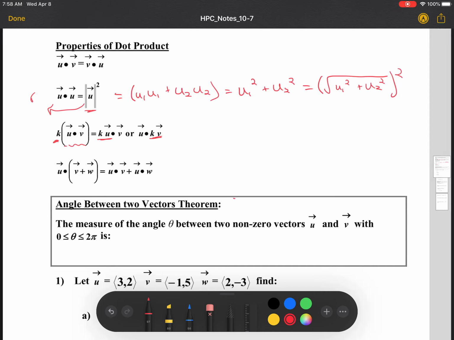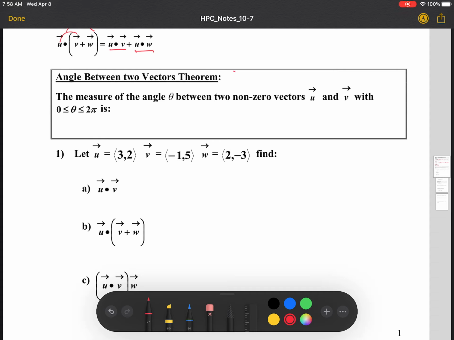The next one, u dot the addition of vectors. When we're dotting on the outside, you can distribute. This becomes u dot v plus u dot w. These properties are good things to write down on a study guide if you're making one.